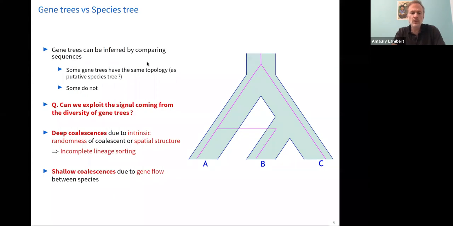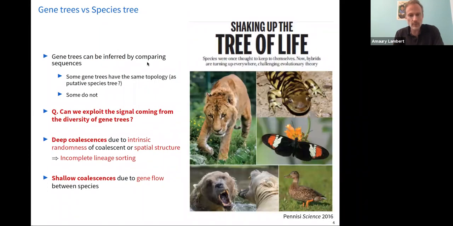Actually, you might think that gene flow between species contradicts the very definition of species as not able to interbreed, but recently there has been a wealth of evidence showing that many species, even species which are quite distantly related, do interbreed, and you can see in this review paper in Science 4 years ago, showing on the picture lots of well-known hybrids, like for example on the bottom of the picture, hybrids between grizzly bears and polar bears.